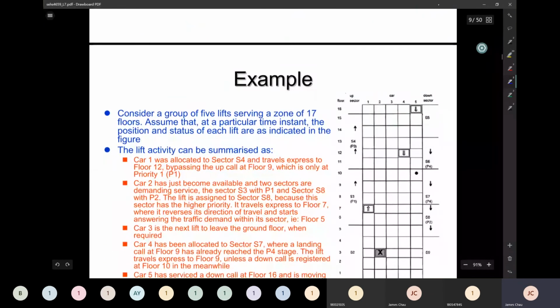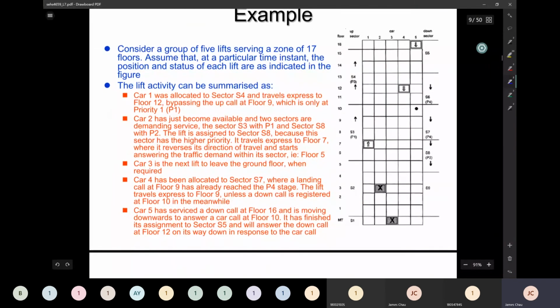Now here we give you an example. In this example, we have 5 lifts, 1, 2, 3, 4, 5, and we have 17 floors, including the main terminal. At a particular time, the position and the status of each lift are indicated in the figure. Lift 1 is on the 7th floor, and it is going upward.